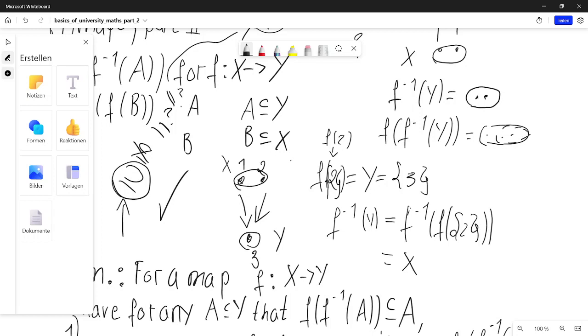If you imagine a situation with more elements, there might be some that are left over, but they all go nicely, then you just go back just the same from the image to the pre-image, and what you put in, you get out, because each element only has one arrow leading to it, right?